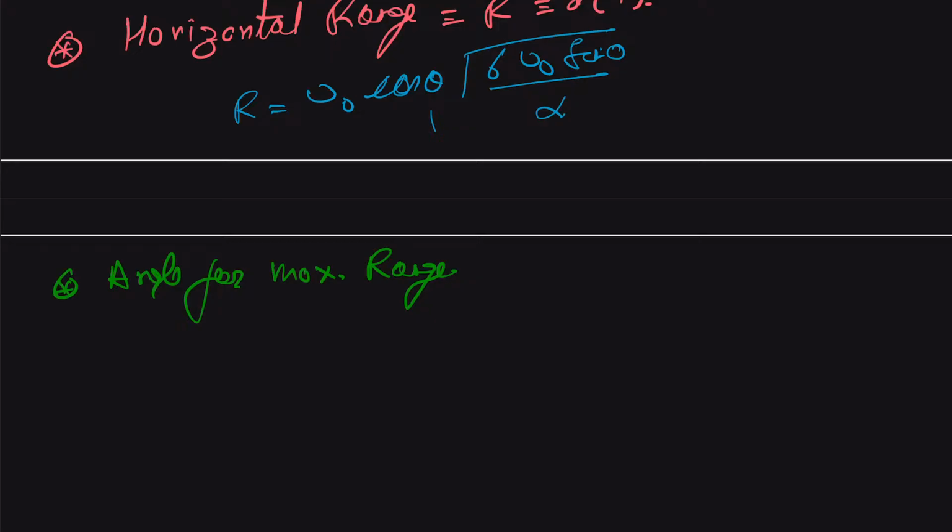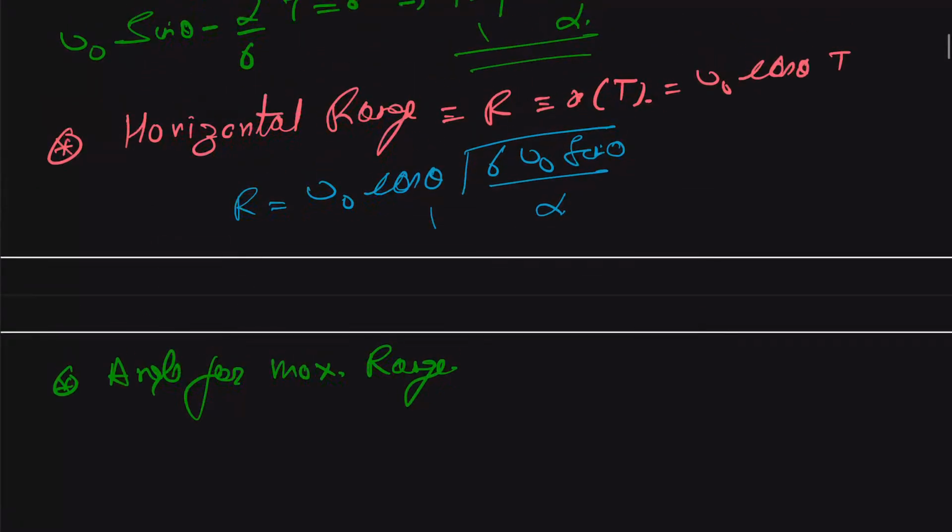Okay, and let me rearrange this range equation. This can be written as 6 v naught cube upon alpha under a square root. This will be more or less constant, and we will be left with cos of theta times the square root of sine of theta.